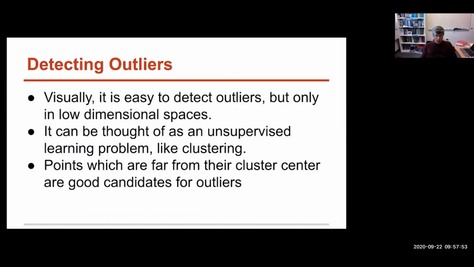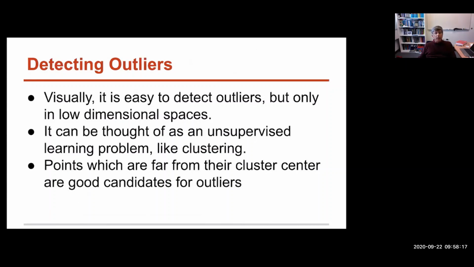So how do you identify outliers? Well, if you have a picture, it is usually easy to see the points that are outliers, because they are far from the cluster centers. But that usually only works in low dimensional spaces because we can only see things in 2 or 3 dimensions.